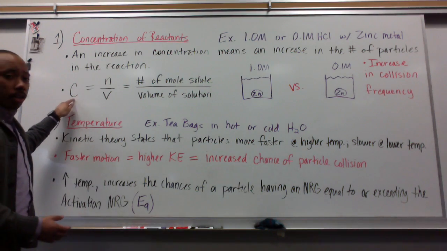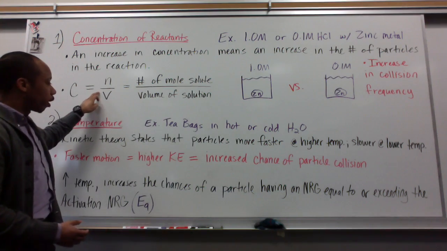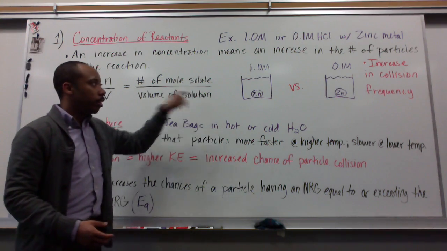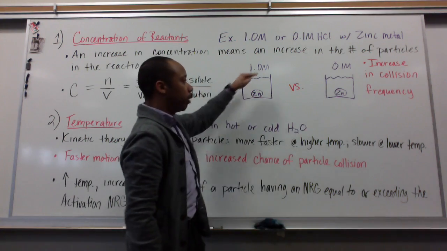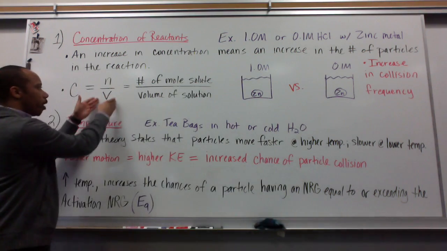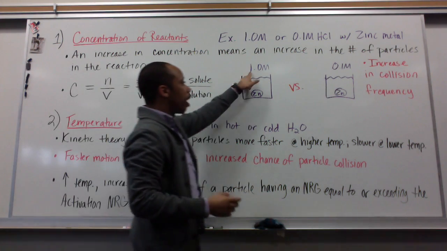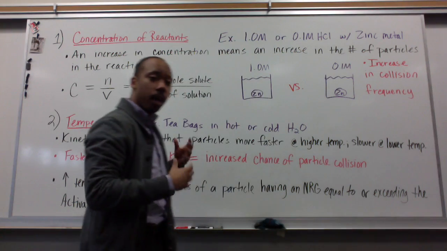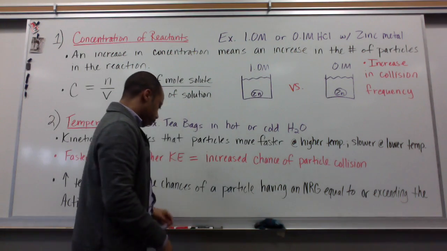If you remember, concentration is equal to the number of moles of your solute per volume of your solution. In our example in the laboratory, we had 2 solutions. They both had equal volumes. So the bottom of our equation here isn't changing. But they had different concentrations, meaning they had different numbers of moles per this volume.